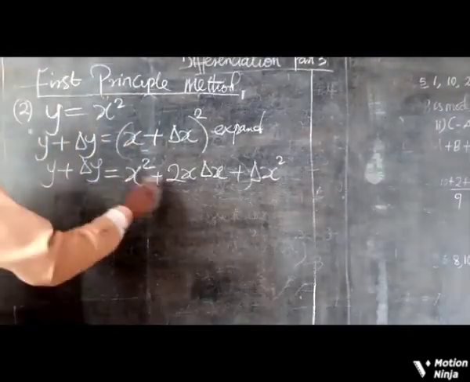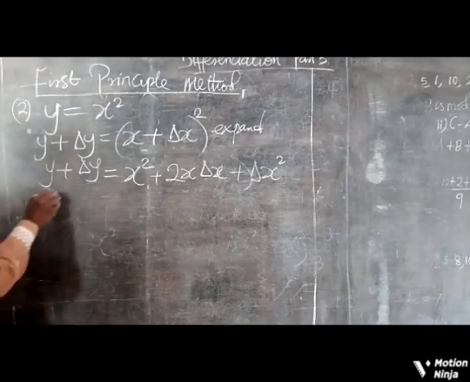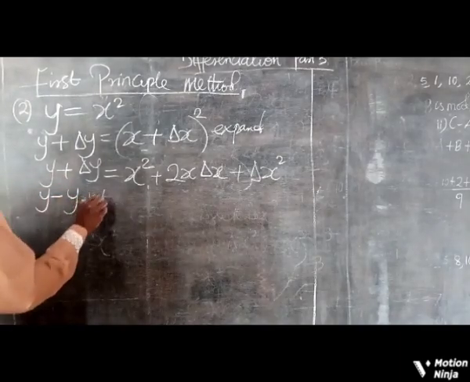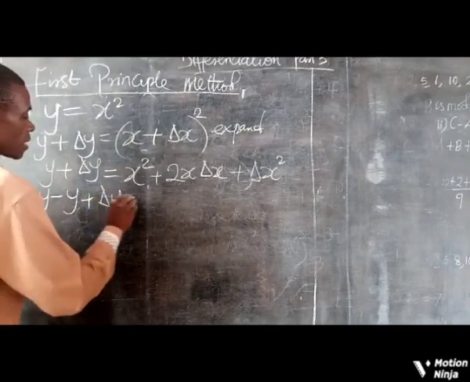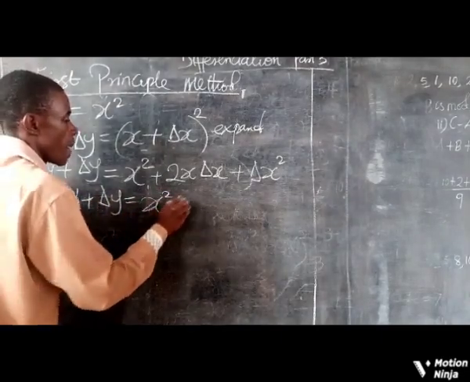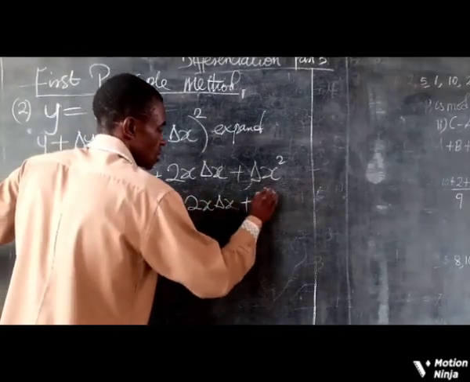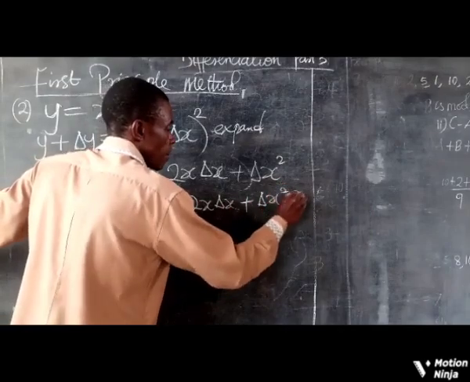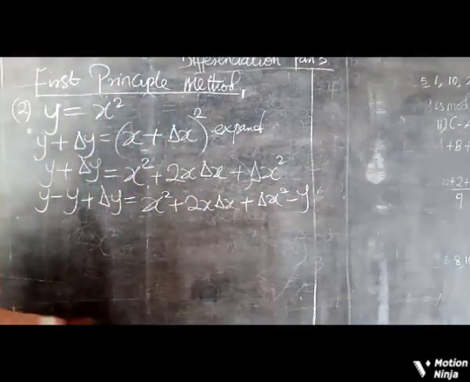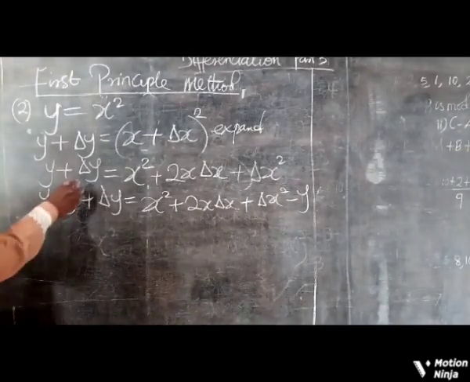With this now, we subtract y. Change in y is equal to x squared plus 2x change in x plus change in x squared minus y. This y and this y will go.